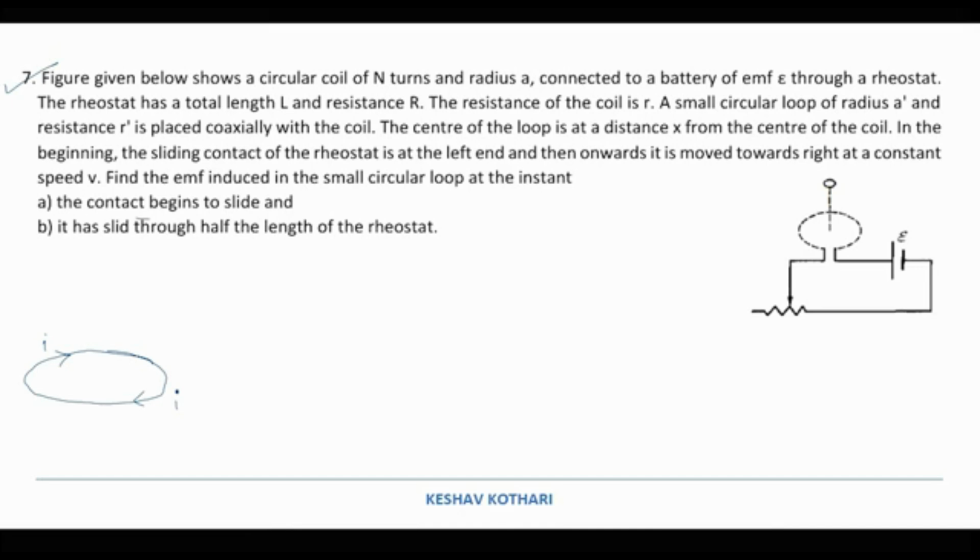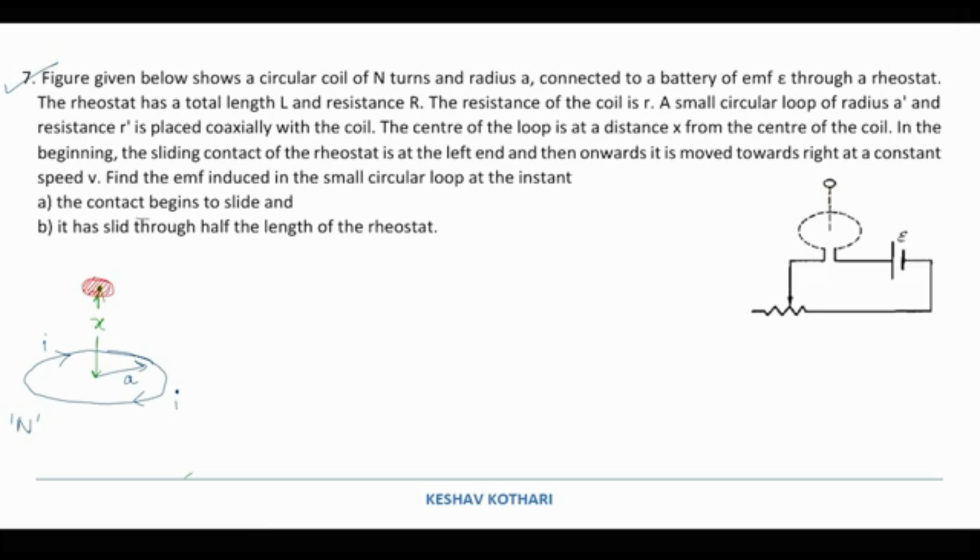As a result of this current carrying coil, which has n turns and radius a, a magnetic field will be produced at a distance x, which is the center of this smaller coil which we have.